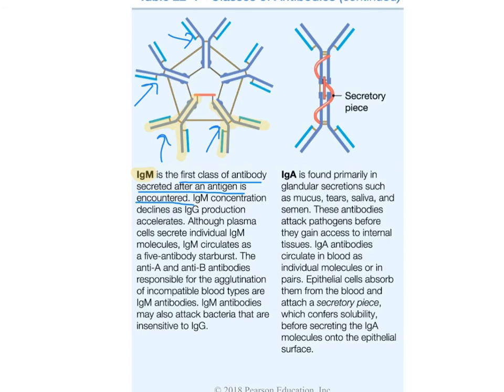So your IgM, they increase in numbers quite rapidly. They accelerate production quite rapidly, and then it declines quite rapidly as well. The anti-A and anti-B antibodies in blood, those are IgM molecules. Those are IgM antibodies.